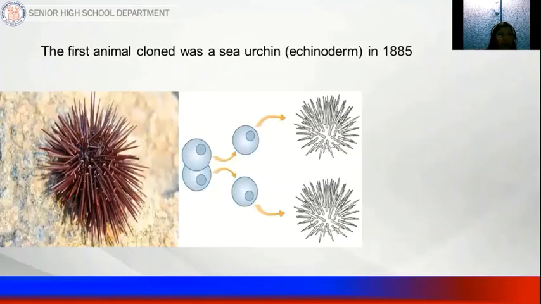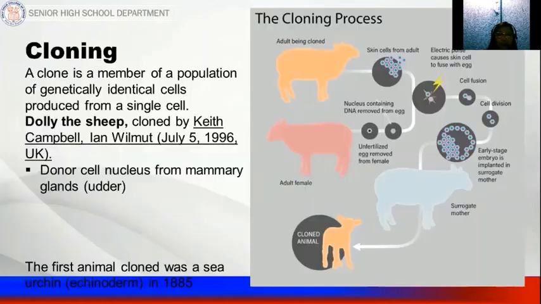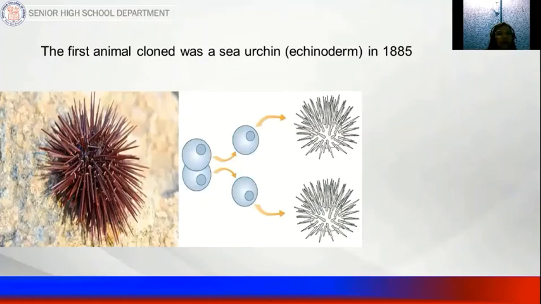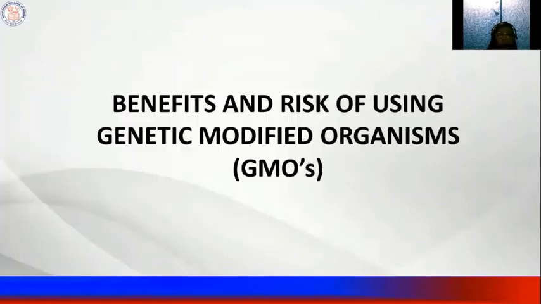So the first animal cloned was a sea urchin. So getting an embryo, getting an egg, and then it fuses with an unfertilized egg. So it forms a new cell, and then even an embryo.